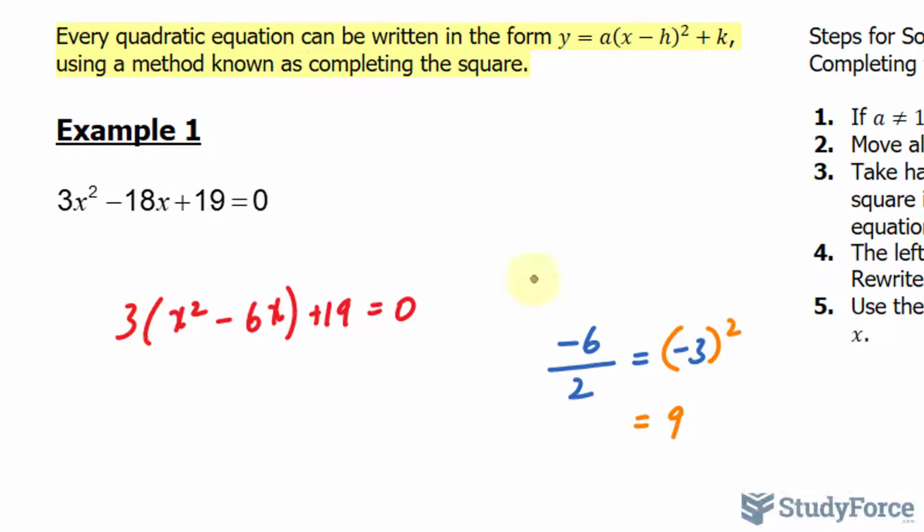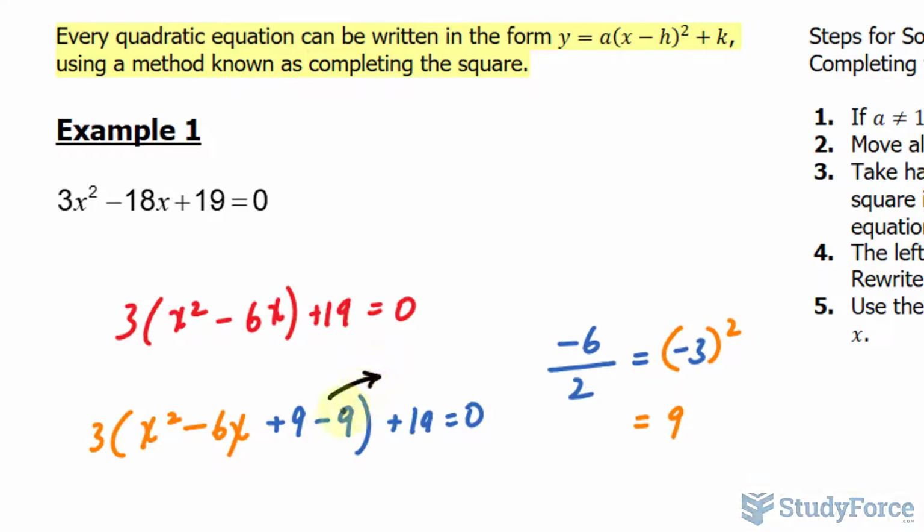If that's confusing, here's what I mean. So everything stays the way it is, except for this part. So I'll take the positive 9 and subtract 9 plus 19 is equal to 0. The next thing that I want to do is take out this minus 9 outside of these parentheses.